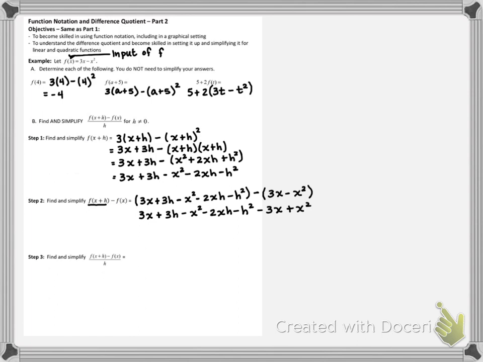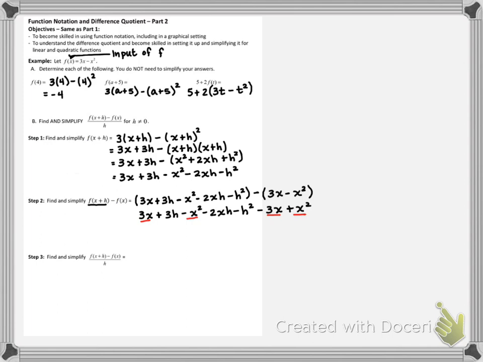And now something really cool happens, which should happen every single time you do this: 3x minus 3x is 0, and negative x squared plus x squared is 0. So all of the terms that do not contain an h should end up adding to 0. If they don't, you probably forgot to distribute a negative somewhere. That's the most common error that causes that problem. So don't just assume they're going to go away, because making sure that what you've written actually gets you 0 is a good way to check that you've got all your signs right to begin with.